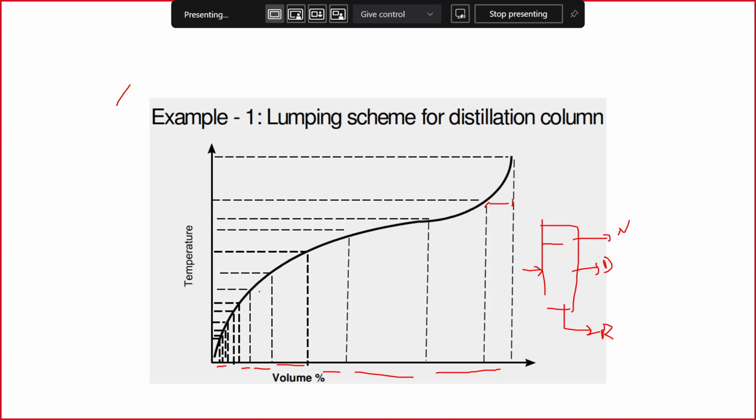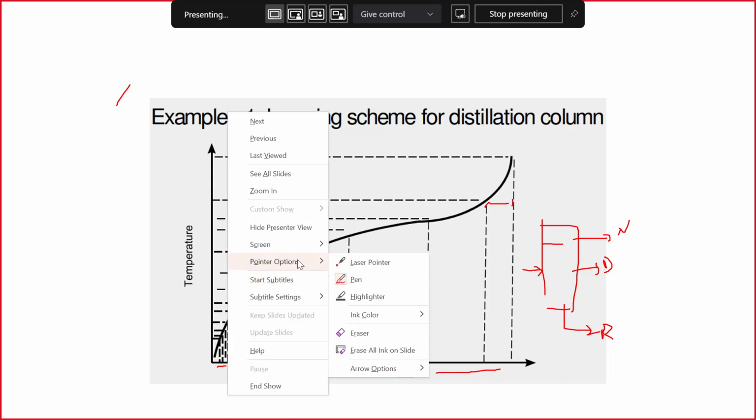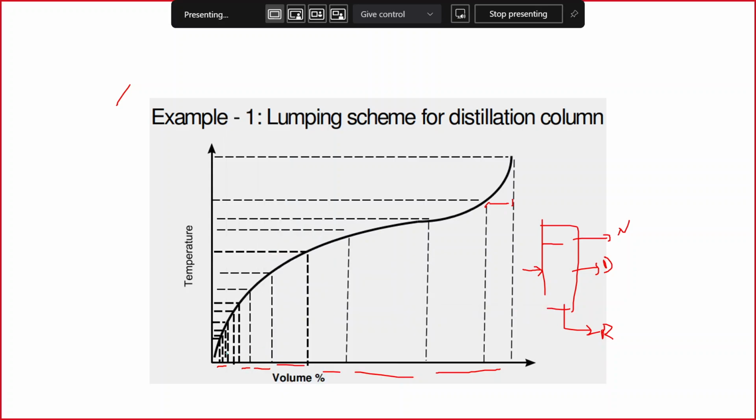And if they have a different type of graph, for example, they will then have more naphtha and more diesel, and a very small amount of residue in this case. So this is one of the examples of lumping.